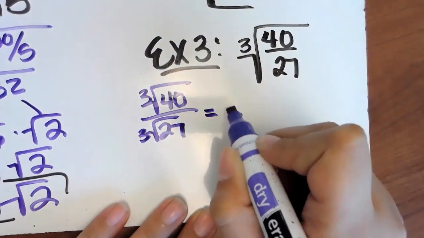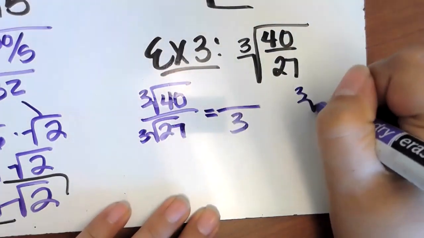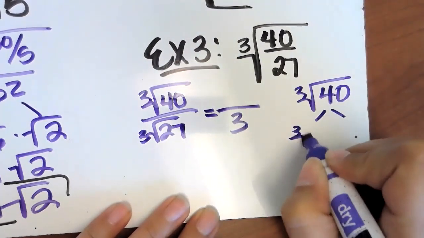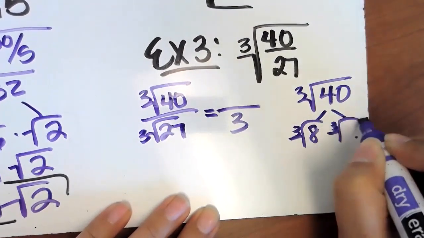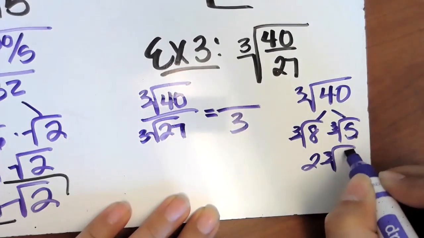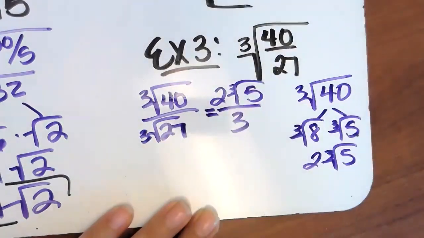It's 3 cubed. Over here, a perfect cube that goes into 40 would have to be 8 times 5. And the cube root of 8 is 2, so 2 cube roots of 5. So then this gives you 2 cube roots of 5 over 3.